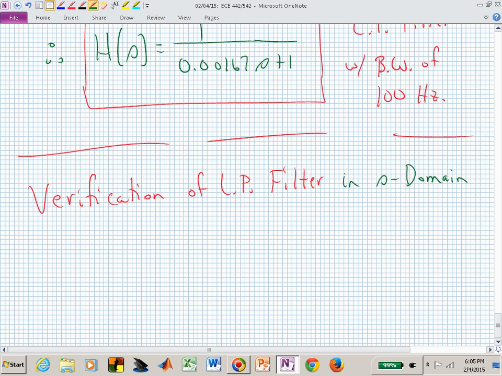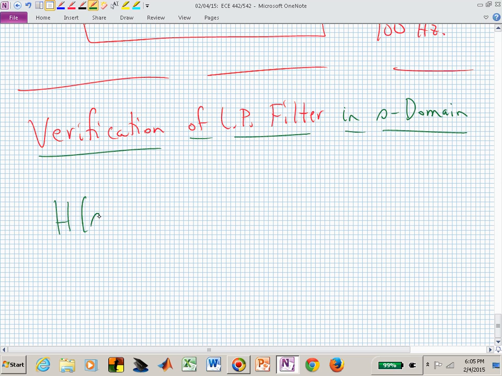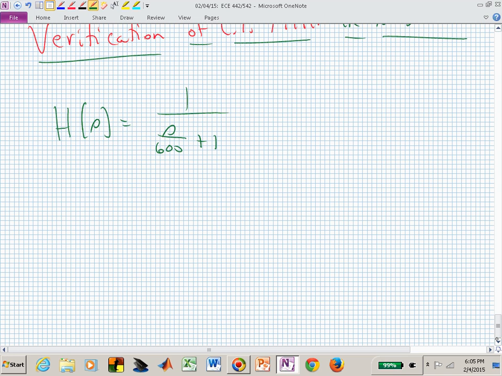Verification of the low-pass filter in the S domain. I promise we're going to relate this to a discrete time system, but this is now our transfer function. Can you sketch the Bode plot of that? You knew that was coming, didn't you?